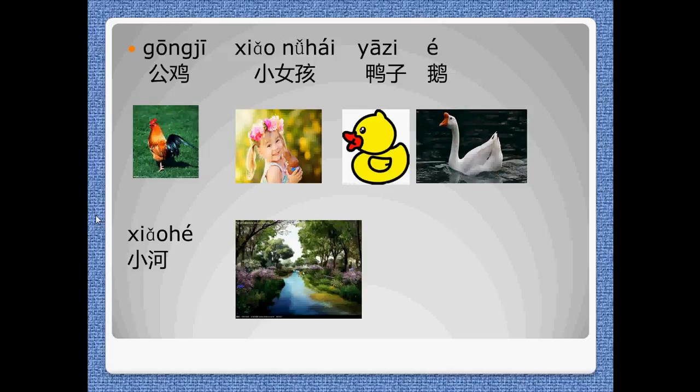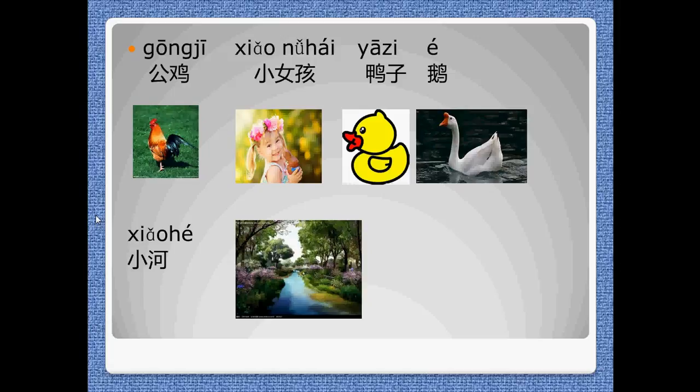You can see some Chinese phonetics. At this moment, it is not necessary for you to remember all of them because we are going to learn everything at a later time. But at least you will see 小女孩, 小, X-I-A-O. There is the letter we learned just now, right?